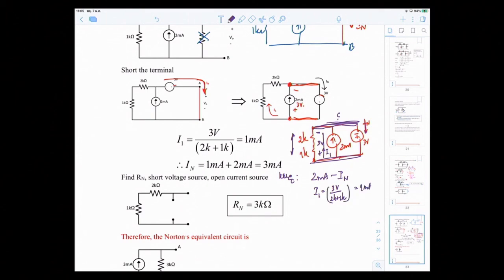So that means I1 is 1 milliamp. I1 is entering, so plus 1 milliamp equal to 0. So therefore my IN is equal to 3 milliamps. So I got my IN.